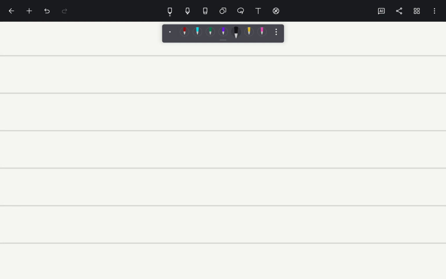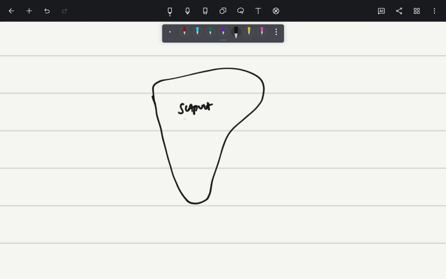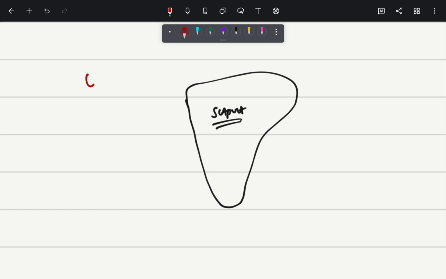So we are going to draw the diagram here. Suppose this is the scapula. And here is our subclavian artery. From subclavian artery we are going to have the most important one, which is your thyrocervical trunk.